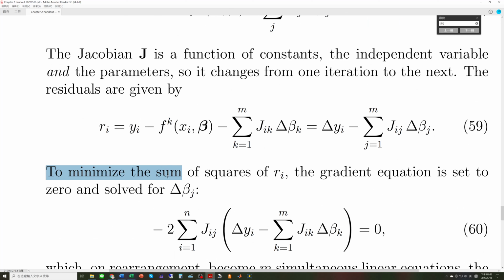To minimize the sum of squares of Ri, the gradient equation is set to 0 and solved for delta beta j.